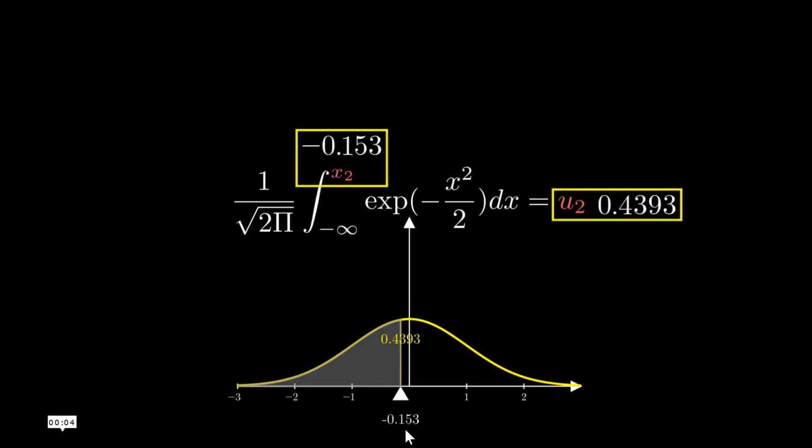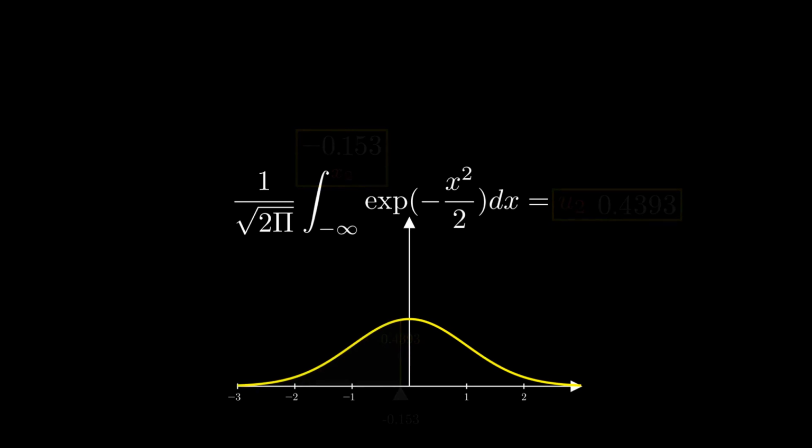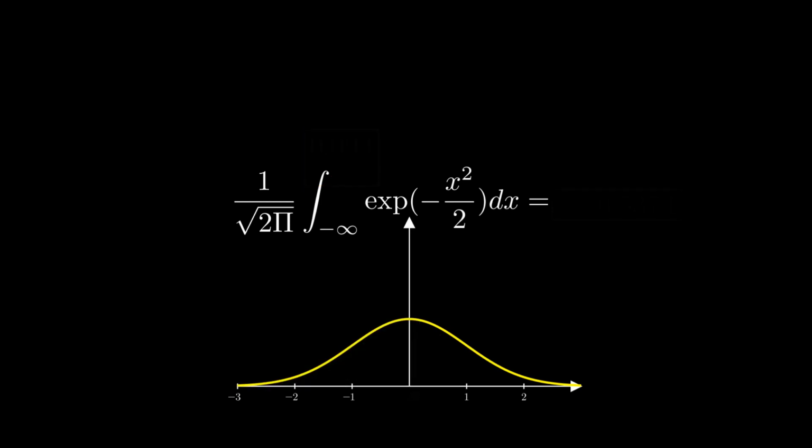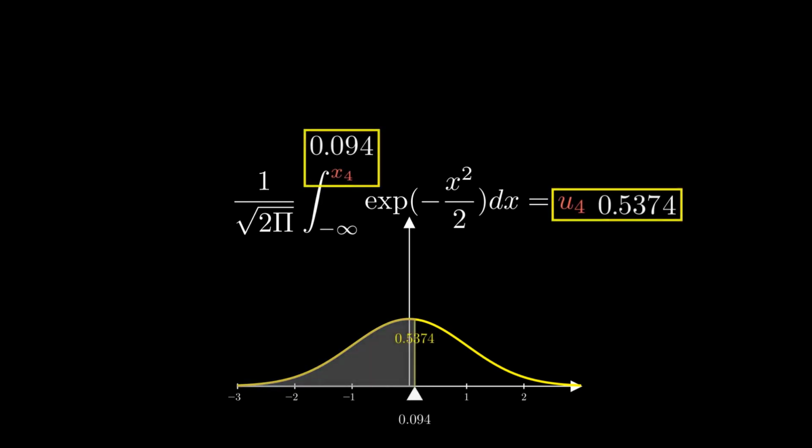And we get minus 0.153. Okay, this time we're just slightly positive. We'll do another one. Okay, well here we're slightly positive again, very slightly. So the probability is 0.5374, and we plug it into this inverse cumulative normal and we get 0.094.